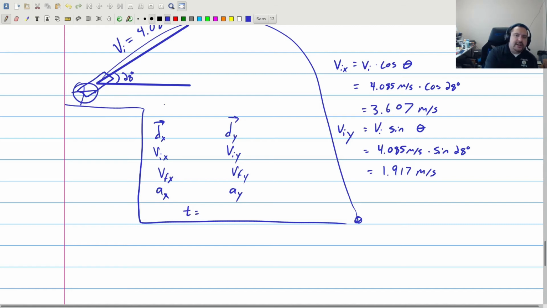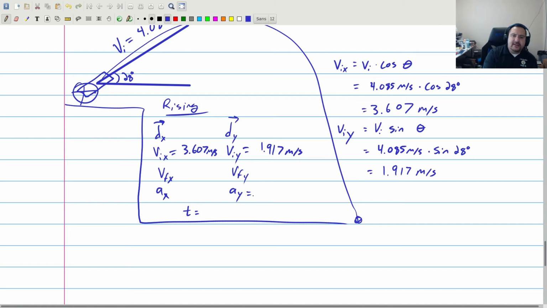And we are looking at the rising section only at first. So as we're rising, let's plug in some numbers here. We do not know the distance that it's going to rise, but we do know v initial y and v initial x. So v initial x was 3.607 meters per second, and v initial y was 1.917 meters per second.